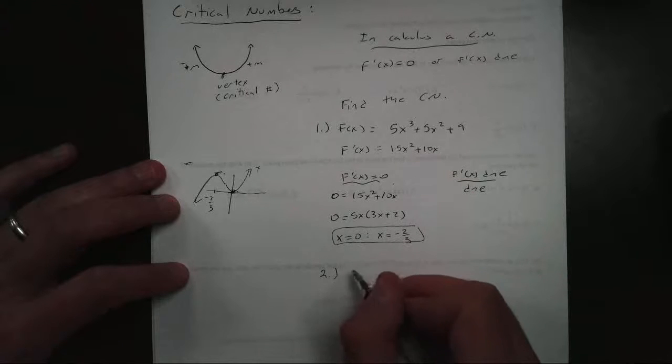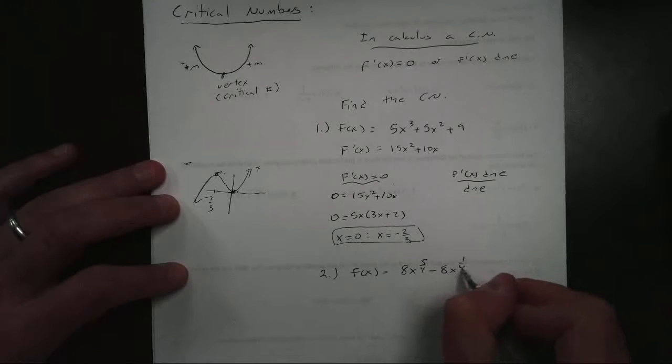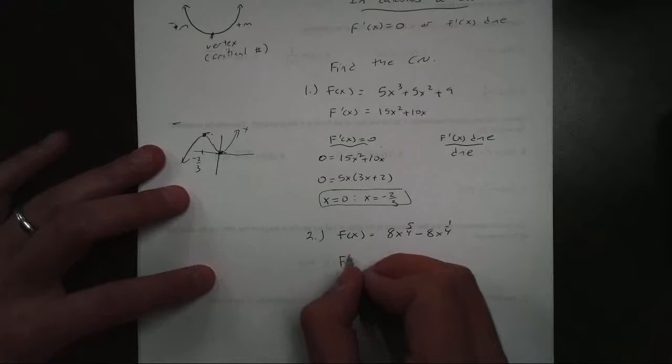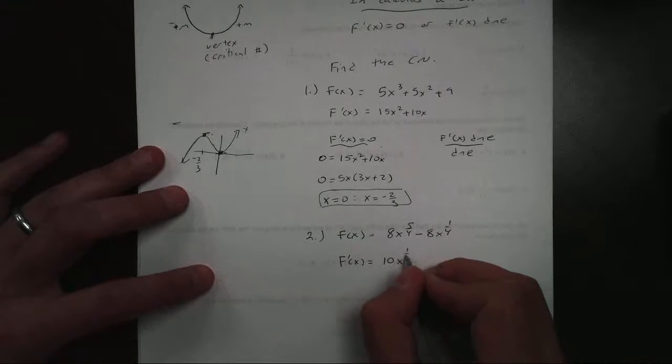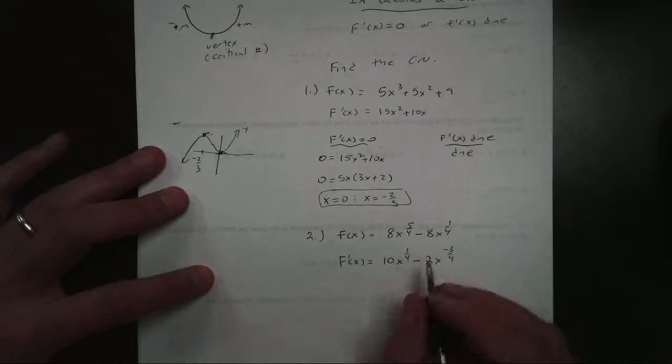So let's take a look at this weird looking function. f of x equals 8x to the 5/4 minus 8x to the 1/4. I want to find the critical numbers. So I take the derivative. That's easy. I get 10x to the 1/4 minus, be careful, 2x to the negative 3/4. So there's my derivative.